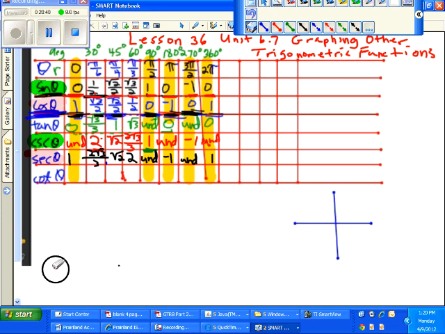What we're going to do to start with, though, is we're going to use all this information up here in our memory to answer these questions, and we're also going to use the unit circle, and we're not going to forget that they're all positive in quadrant 1, sine is positive in quadrant 2, tangent is positive in quadrant 3, and cosine is positive in quadrant 4, a smart trig class. So we're not going to forget that. Okay? Now, let's look at number 1. Number 1 says the cotangent of 5 pi over 2.